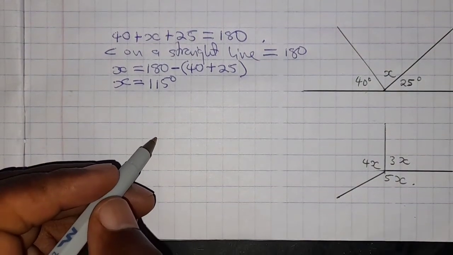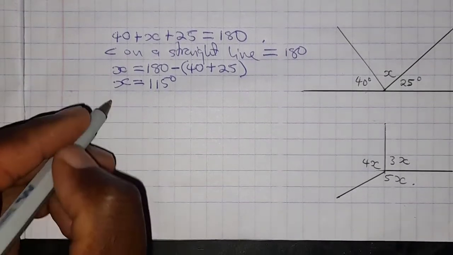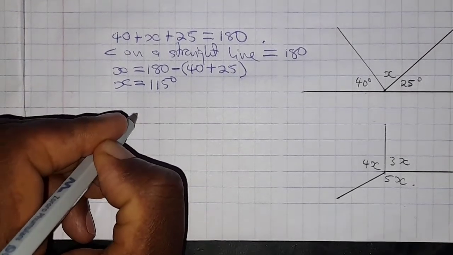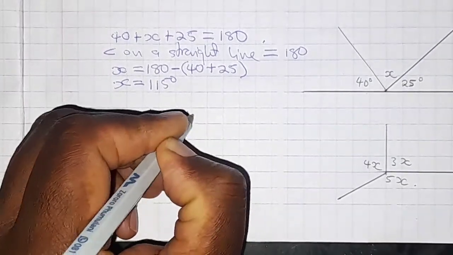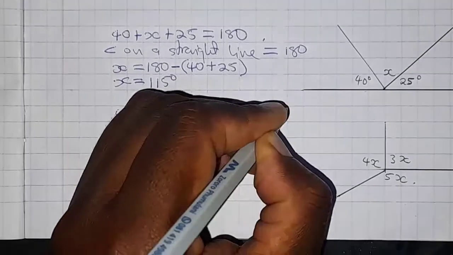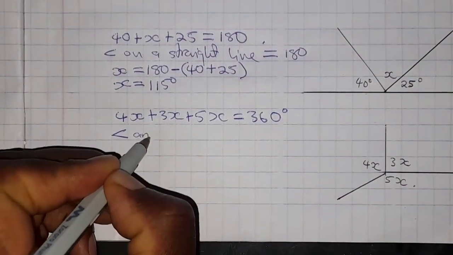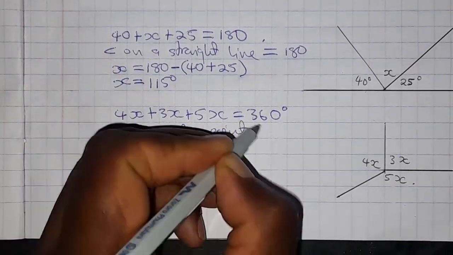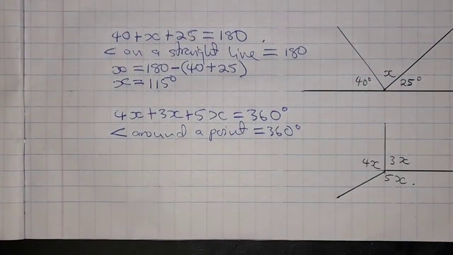A complete circle is 360 degrees, so angles around a point add up to 360 degrees. 4x plus 3x plus 5x are supposed to add up to 360 degrees. That is our reason there.